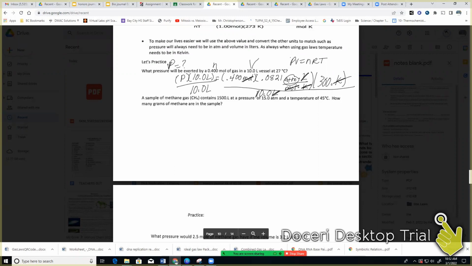And how many sig figs would we have? 3, exactly. End up with 3 sig figs.